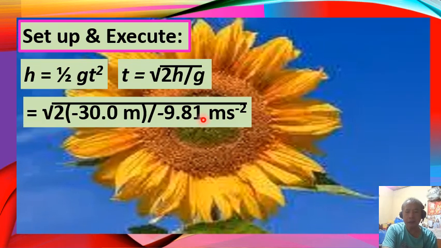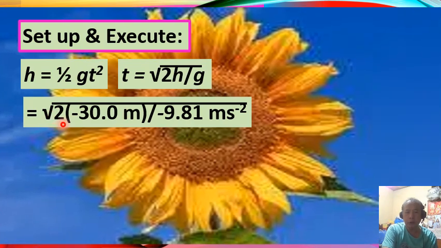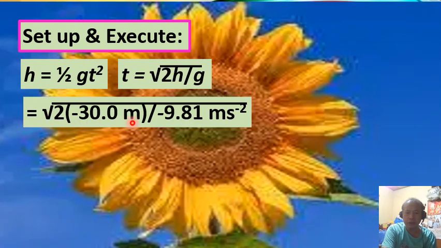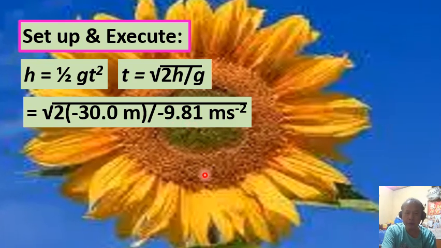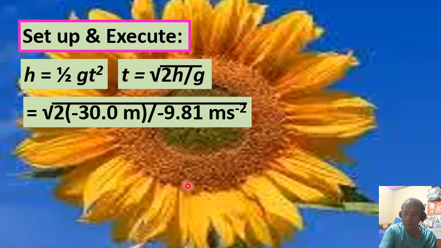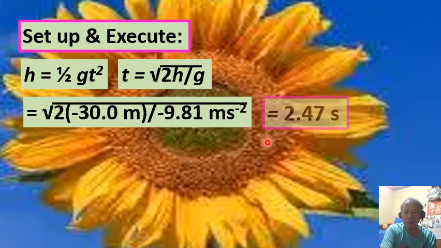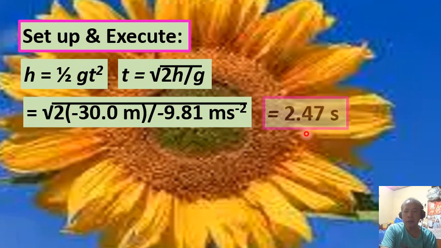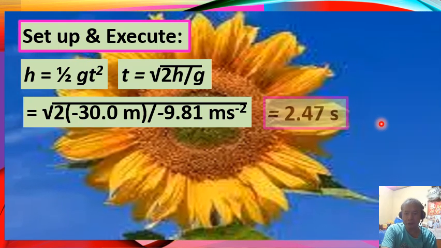That is, the time of flight equals square root of 2 times negative 30.0 meters divided by negative 9.81 meters per second squared. When we do our math, we find the time of flight equal to 2.47 seconds in three significant figures.